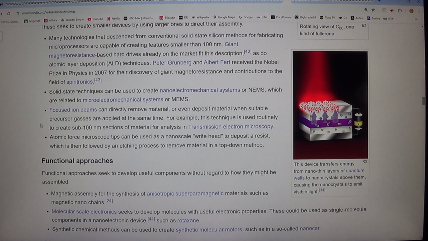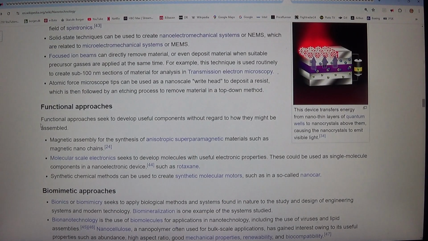2. Solid-state techniques can be used to create nanoelectromechanical systems, or NEMS, which are related to microelectromechanical systems, or MEMS. 3. Focused ion beams can directly remove material, or even deposit material when suitable precursor gases are applied at the same time.